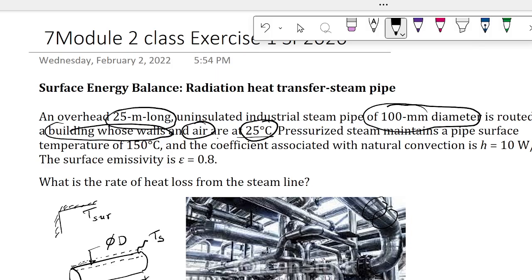So what are the givens? The surface temperature. They said the pipe surface temperature is 150 degrees Celsius. So the surface temperature is given as 150 degrees Celsius. Okay, you see, I also pointed out here by Ts. And then they said T infinity and T surrounding are both the same, 25 degrees Celsius.